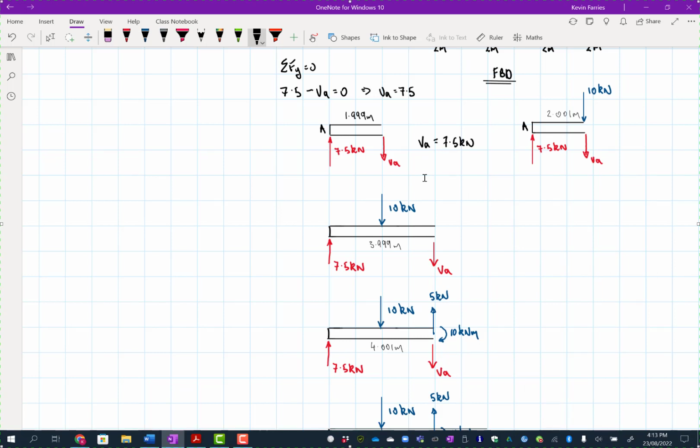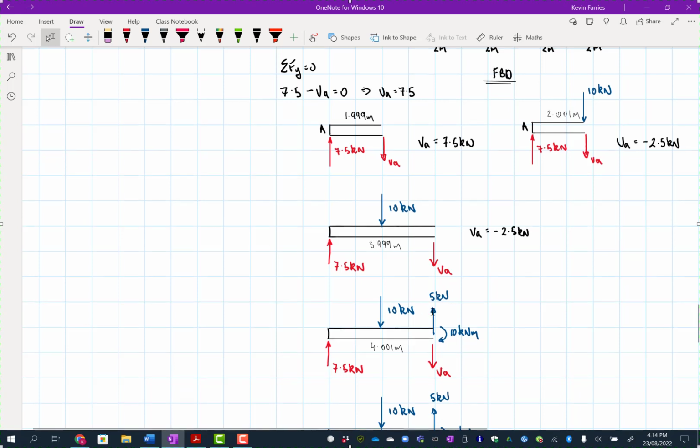But once it gets to here, I'll just write it out, VA, now you've got 10 kilonewtons downwards, so now it's going to be minus 2.5 kilonewtons. Keep going along, 3.999, nothing's changed. You've still got plus 7.5 minus 10, so VA is still minus 2.5 kilonewtons.